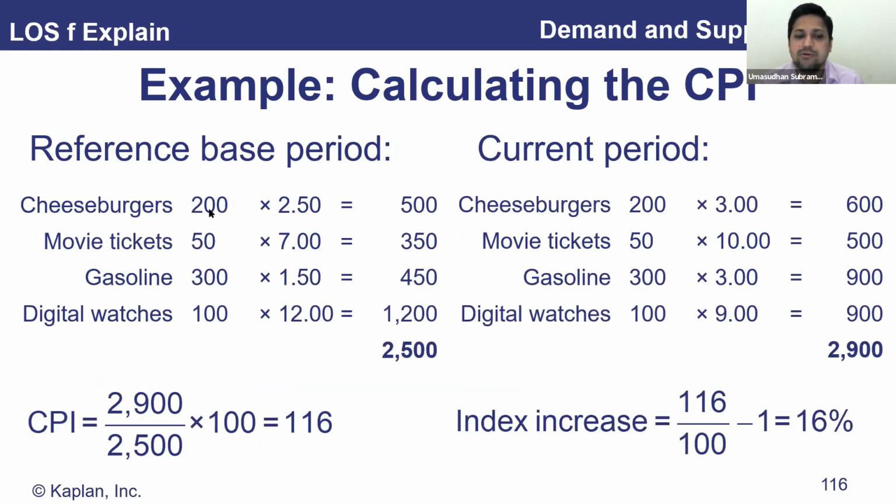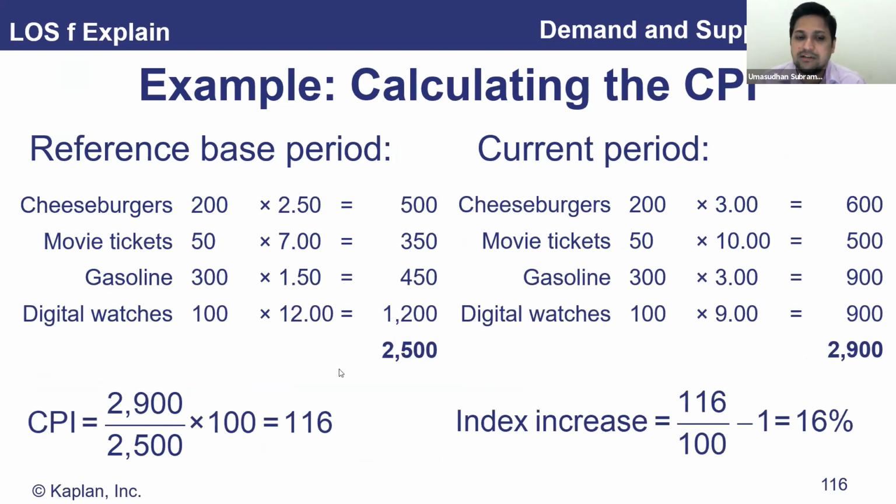Look at what's happening: 200 times 2.5, base year prices, current prices, add them up. The new prices come to 2,900, which is the cost at current prices with base year weighting. The weighting times the base period prices is 2,500.